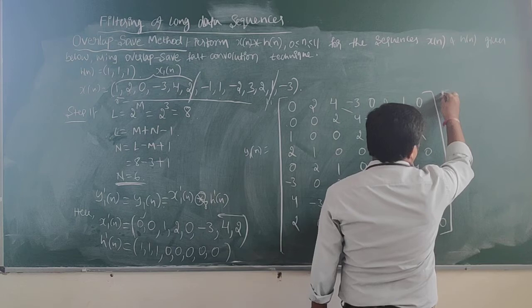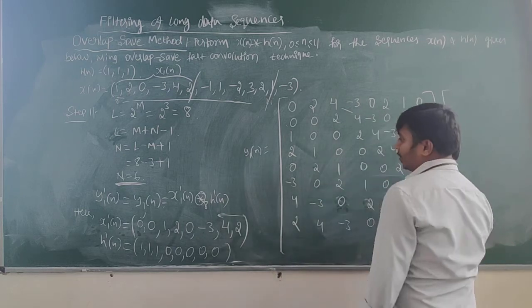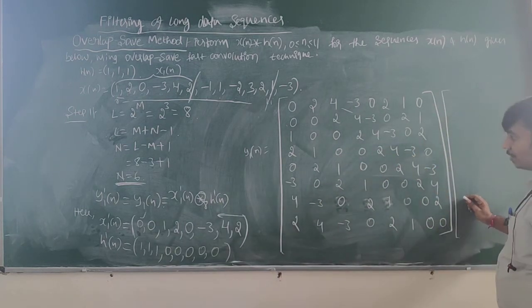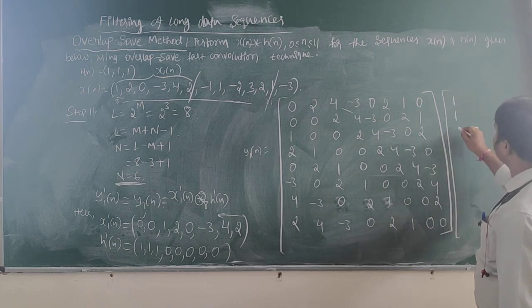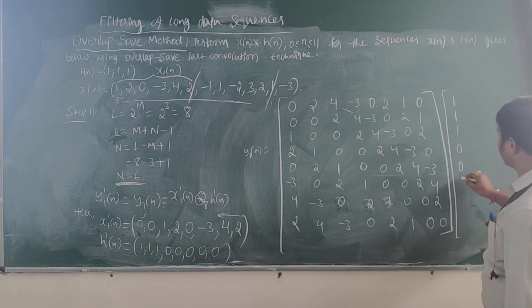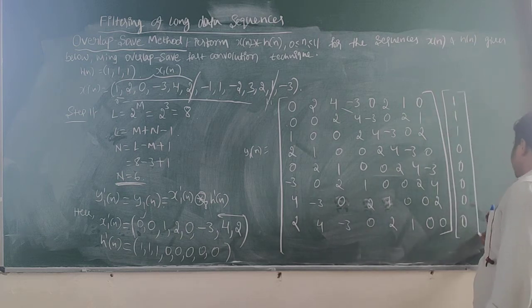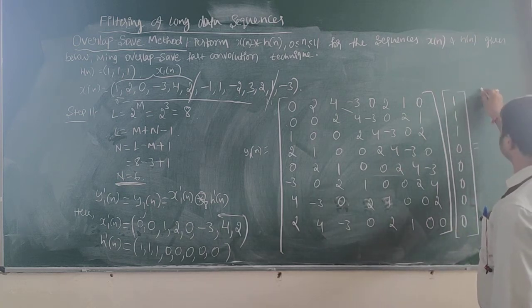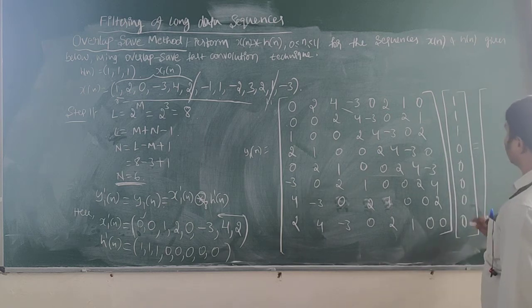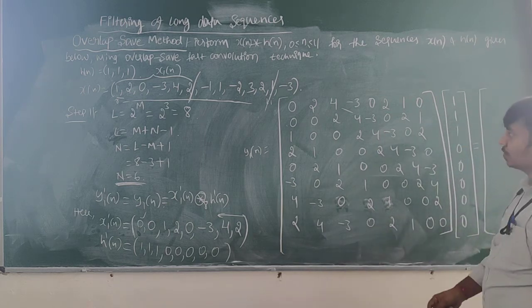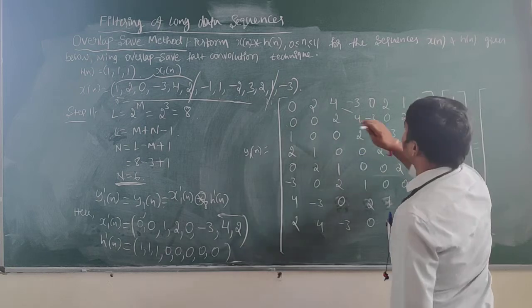This is multiplied with what? H dash of n. So what is h dash of n? It is 1, 1, 1, 0, 0, 0, 0, 0. Now multiply these two. First 3 ones: 2 plus 4, 6.